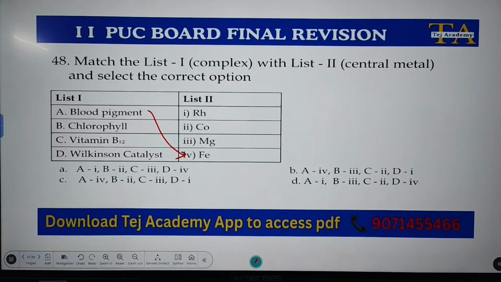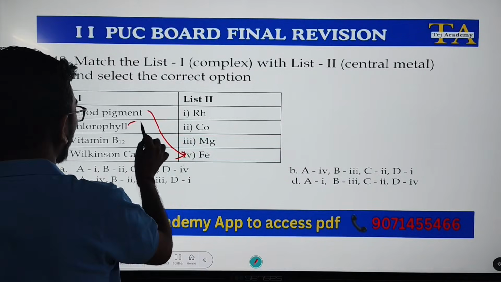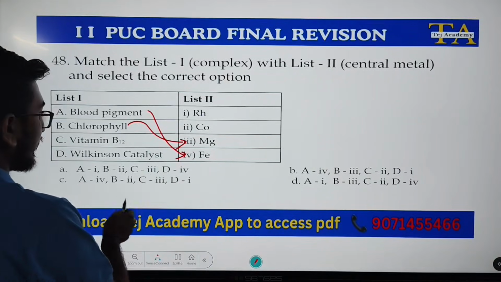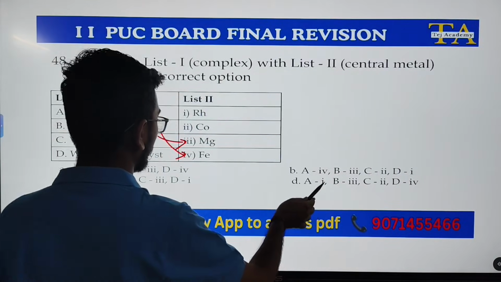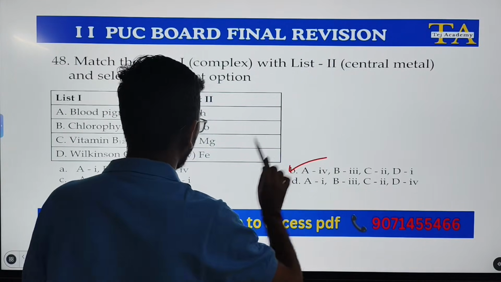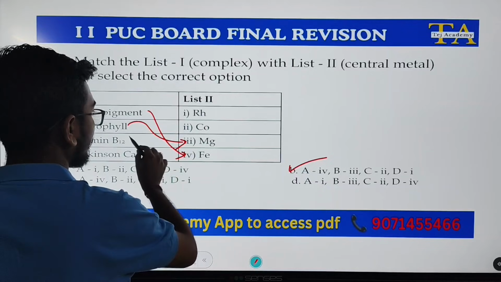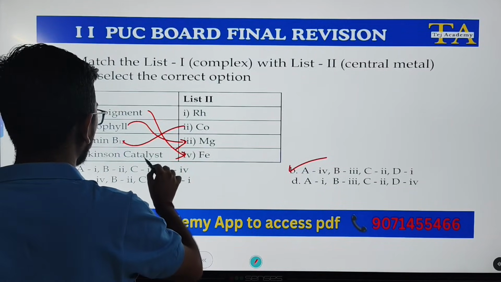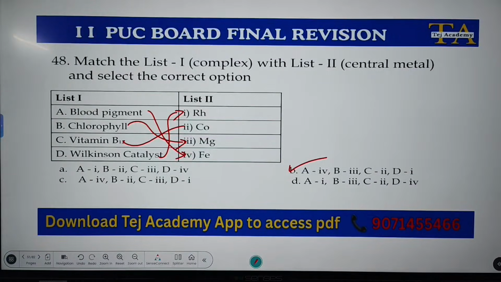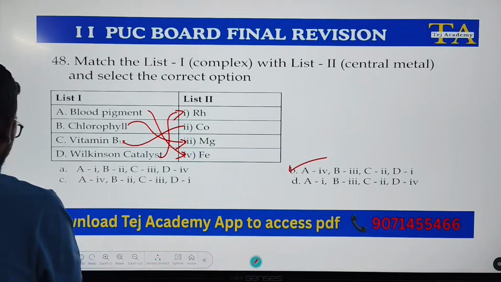For chlorophyll, magnesium is present. So which option is there for B3? Okay, here these two options, A, 4. So option B is the right answer. For C, vitamin B12, we know that cobalt, then Wilkinson catalyst, Rh. Okay. So option B is the right answer.